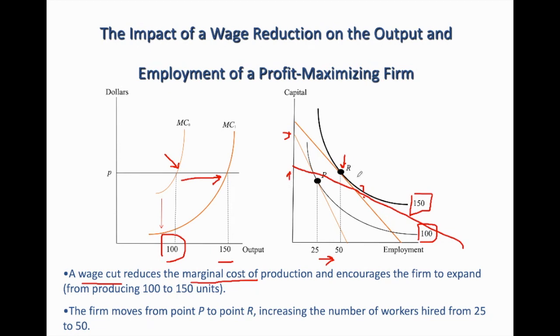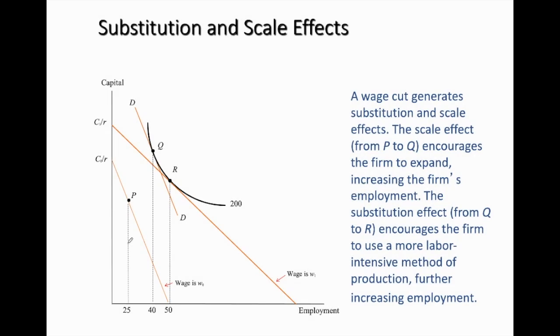That's also a possibility. So what happened in the case of a long run production process, whenever there is a change in the wage rate, there are two possible effects taking place in the analysis. The first effect is called the substitution effect, and the second one is called the scale effect.